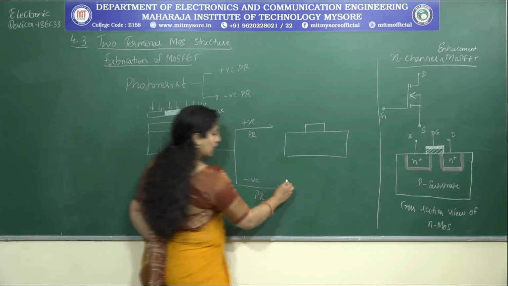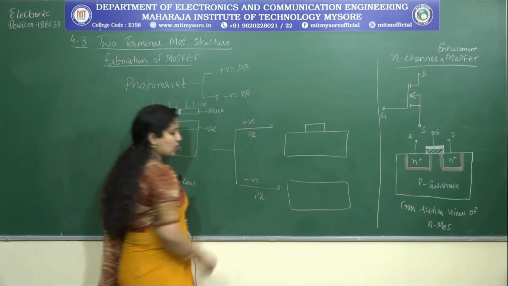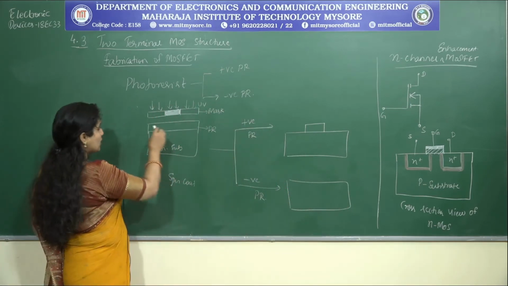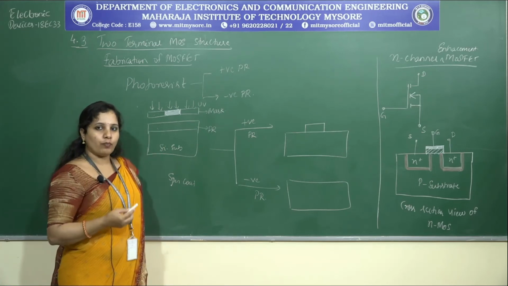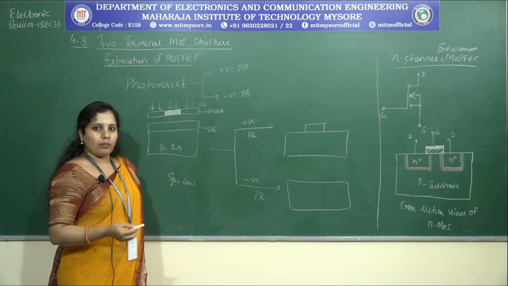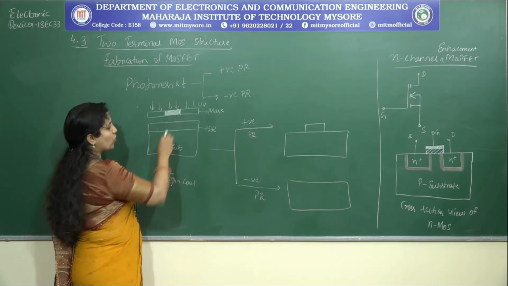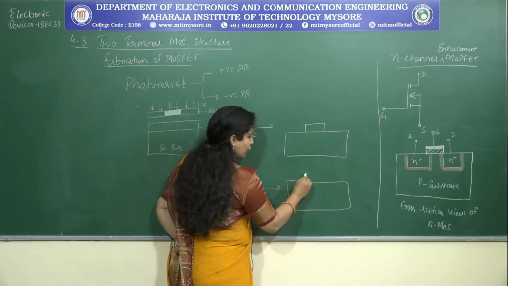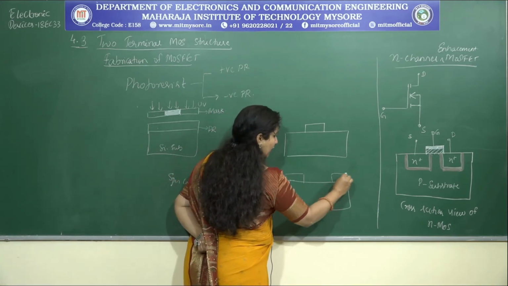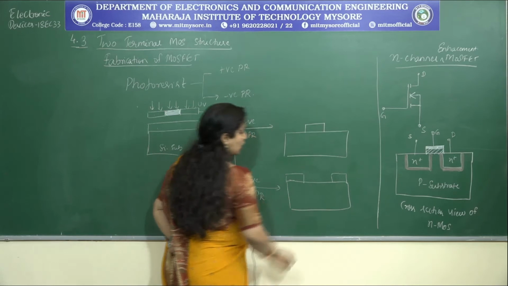Now, if I consider a negative photoresist, how is the behavior? The ones which are exposed become insoluble whenever I dip it in the photoresist developer, and the ones which are not exposed become soluble. Therefore, in these regions I will have the photoresist, whereas in this region I will not.